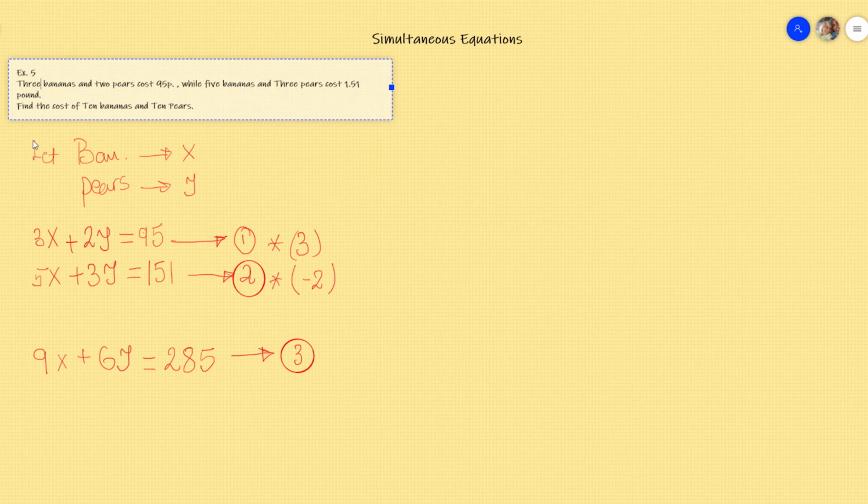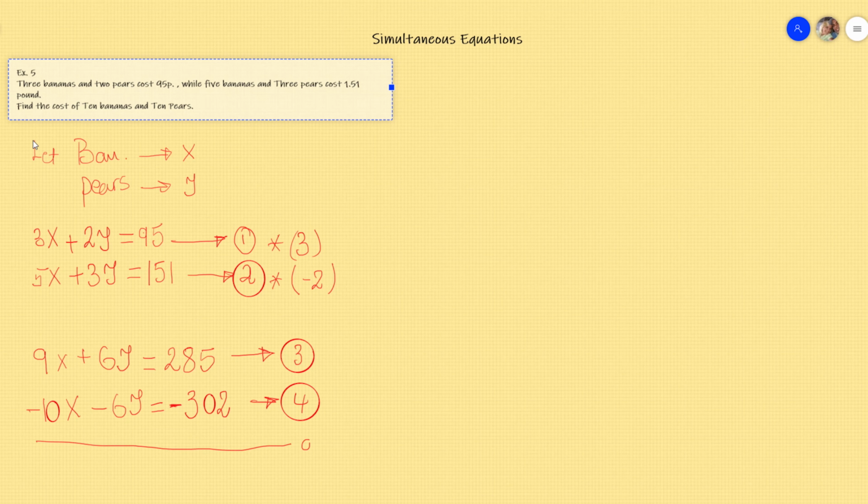And by multiplying equation 2 by negative 2, so negative 2 times 5x is negative 10x, negative 6y, equal negative 302, and this will be equation number 4.